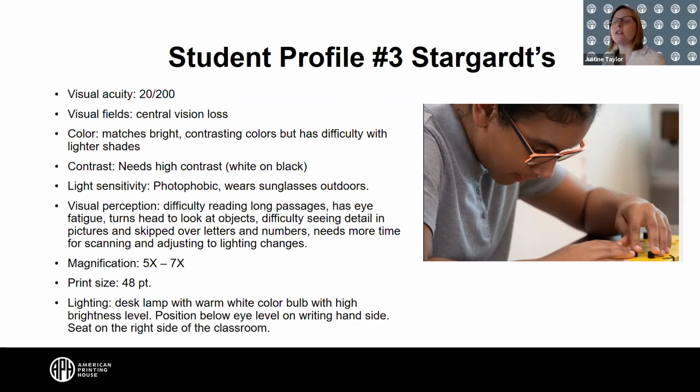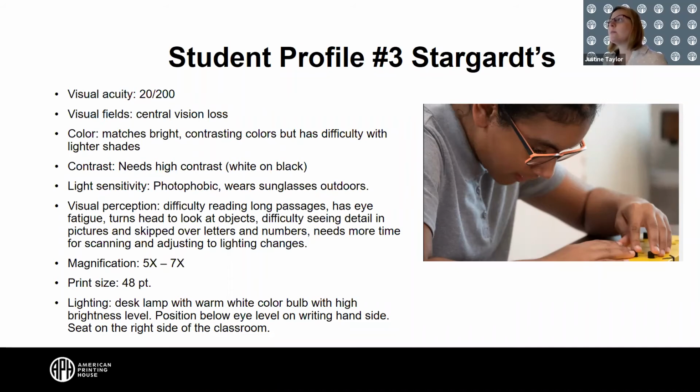They weren't able to match those. And then they also need the high contrast color. Maybe they prefer the white text on a black background. And they have light sensitivity. They're photophobic, so they wear sunglasses outdoors.